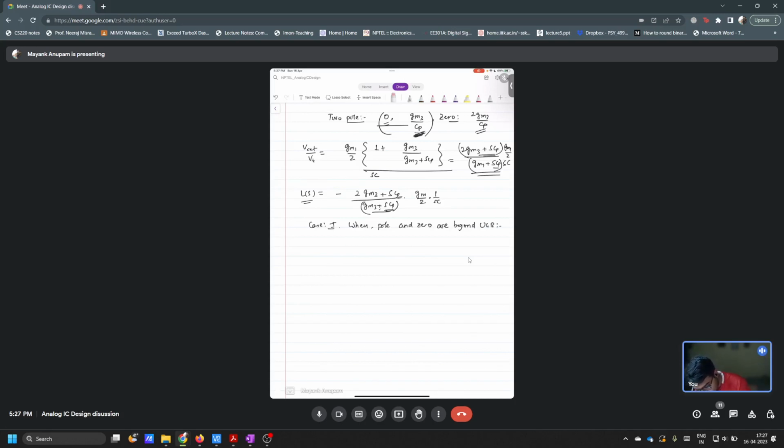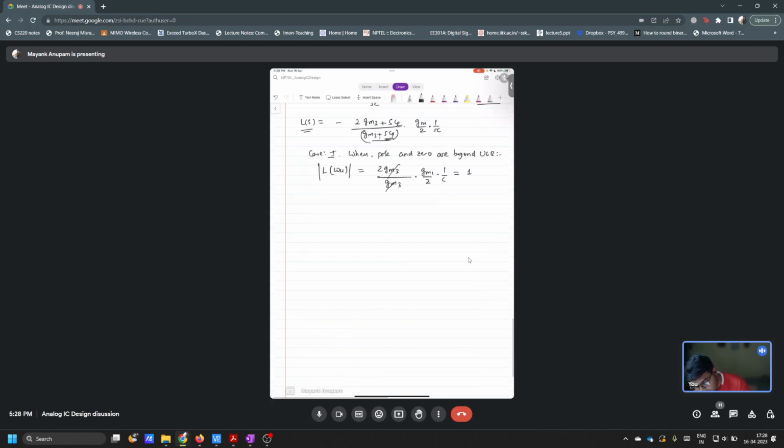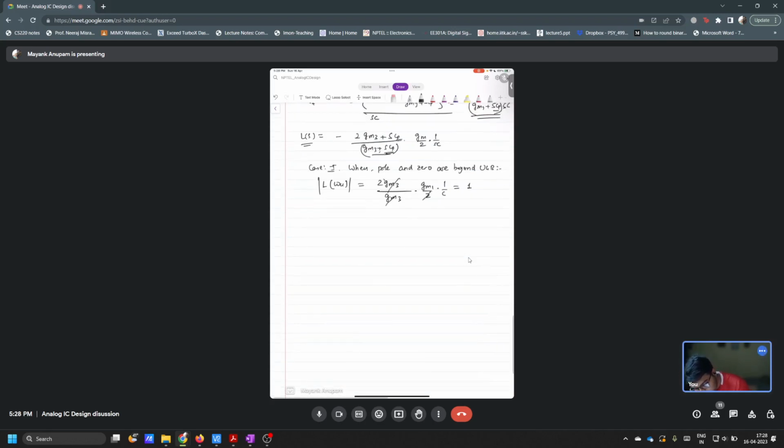The magnitude of L of omega u will be 2 gm3 gm divided by gm3 into gm by 2, gm1 by 2 into c. That has to be equal to 1. This and this goes away. It will be simply gm1 by c.